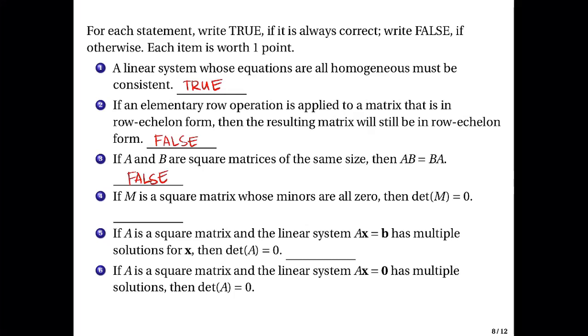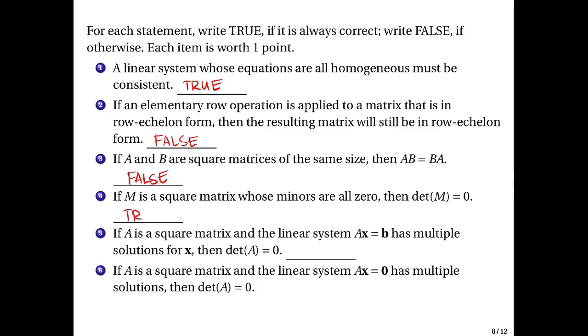Number 4, if M is a square matrix whose minors are all 0, then the determinant of M equals 0. True or false? The answer is true.